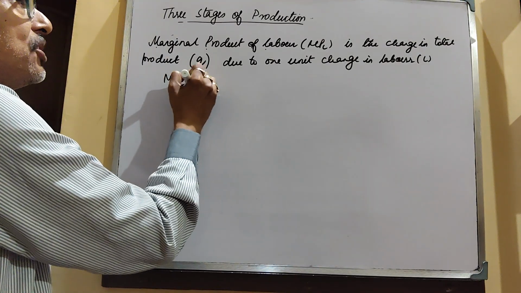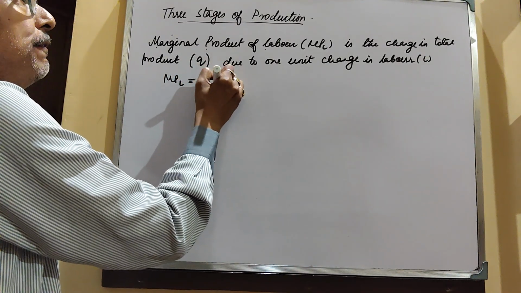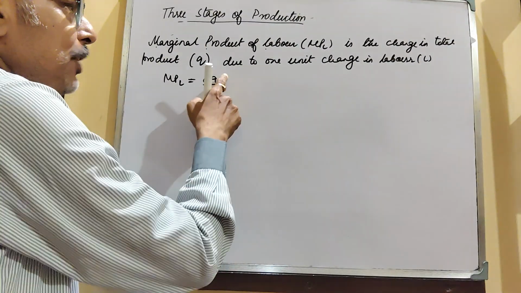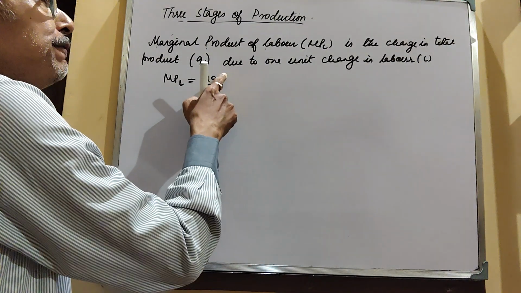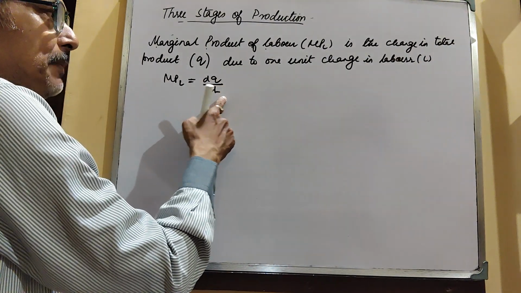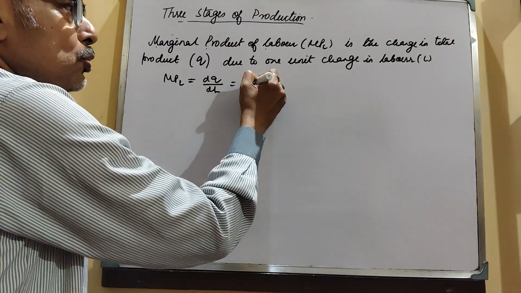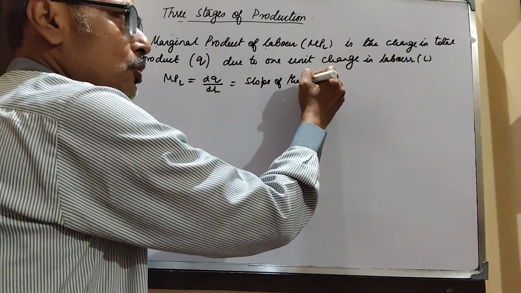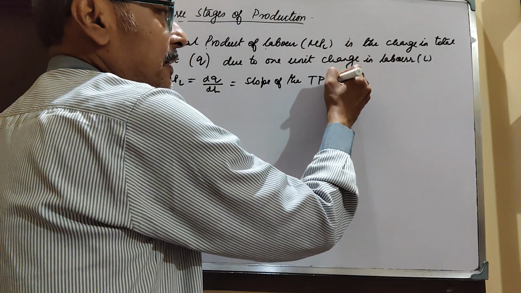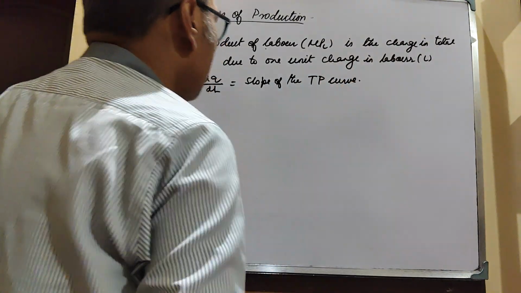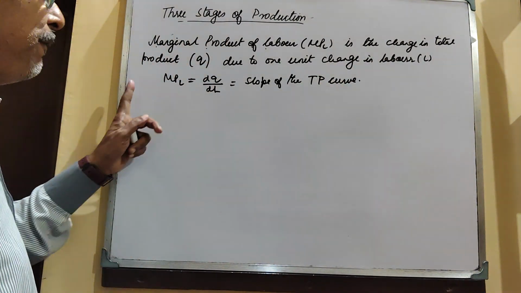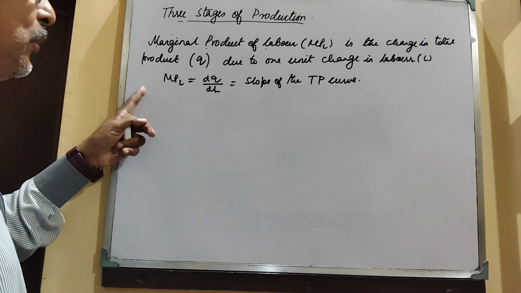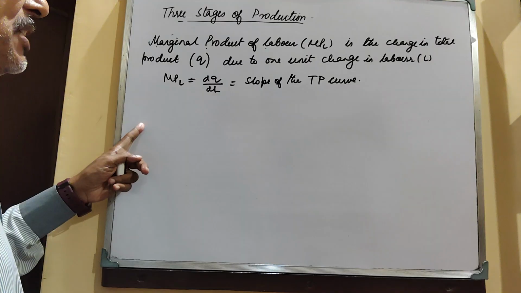MPL is the first order derivative of total product, dQ by dL. It shows the slope of the total product curve. Now we have defined total product, average product, and marginal product.